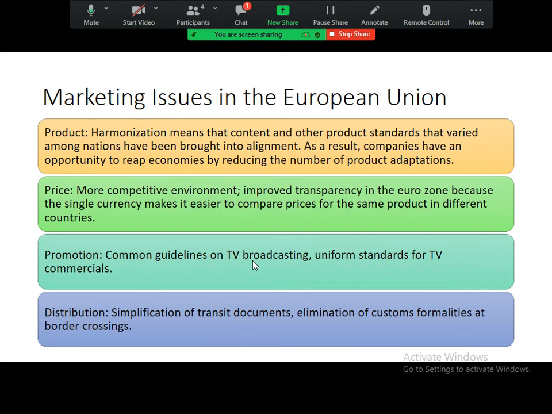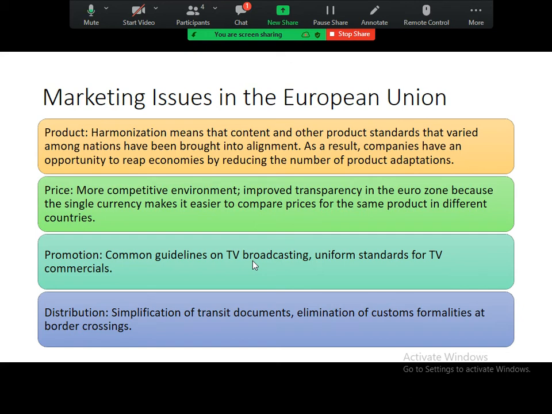Because they are in transition, the markets of Central and Eastern Europe present interesting opportunities and challenges. Global companies view the region as an important new source of growth, and the first company to penetrate a country market often emerges as the industry leader.